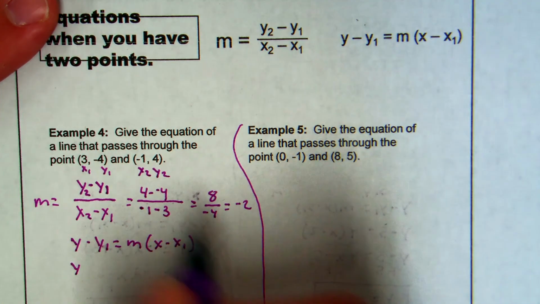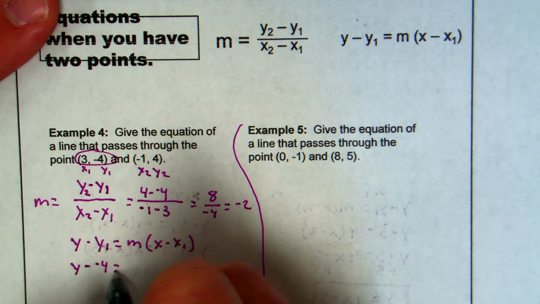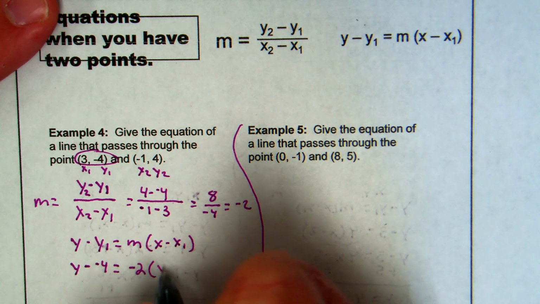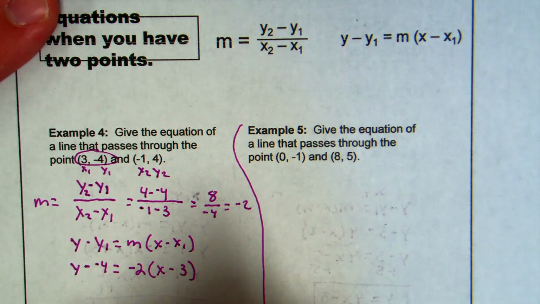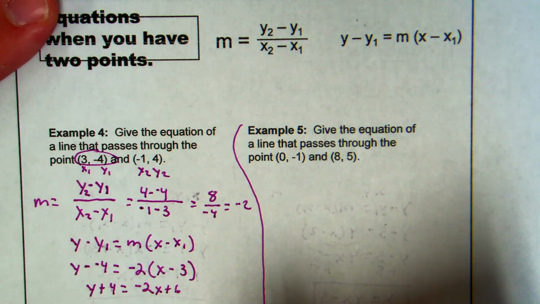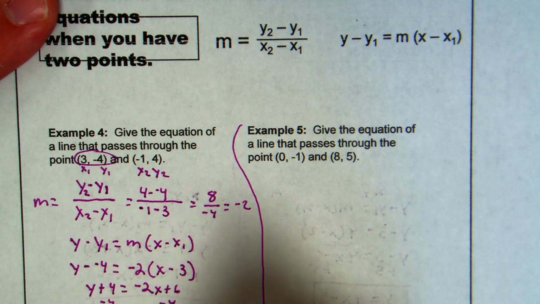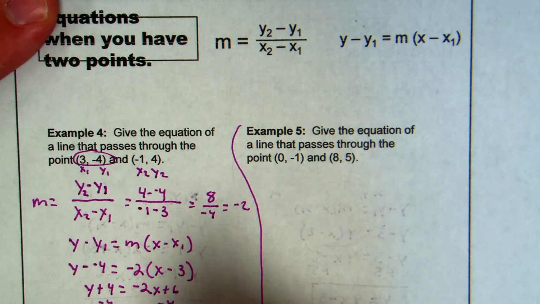I'm going to pick this one to work with. y minus negative 4 equals negative 2 of x minus 3. That's y plus 4 equals negative 2x plus 6. Subtract 4 from each side. y equals negative 2x plus 2.